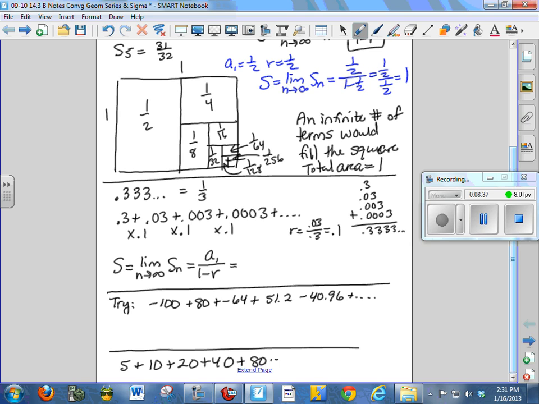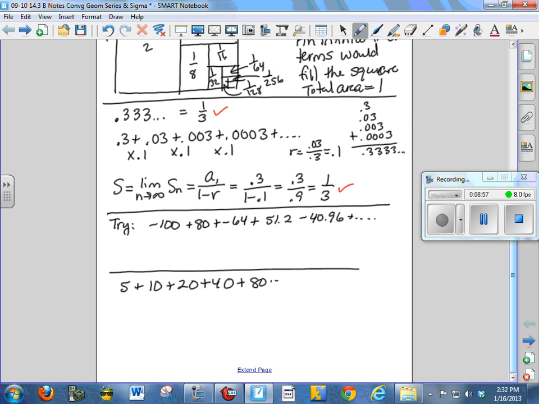In this case, a sub 1 is 0.3, r is 0.1, 1 minus 0.1, so this is 0.3 over 0.9, which is 1/3. And hopefully you all recognize that 0.3 repeating is 1/3.